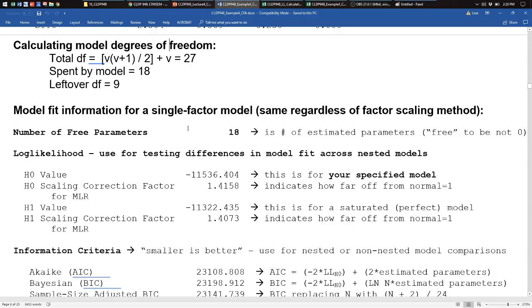It works out to be 15 covariances, 6 means, and 6 variances. The model spent 18 of them: 6 loadings, 6 intercepts, and 6 residual variances. It doesn't have any estimated factor means or variances because we fixed them to 0 and 1 for identification.